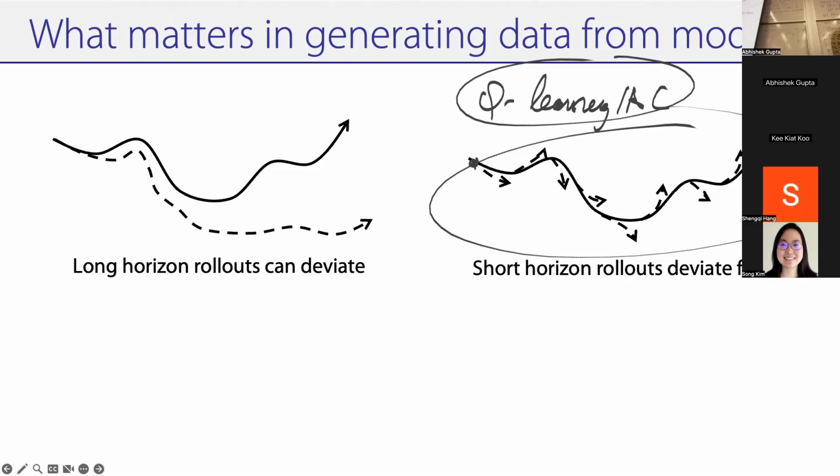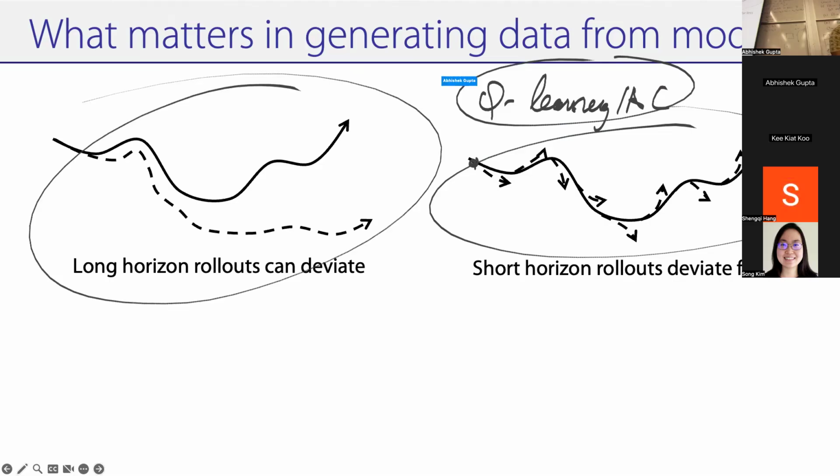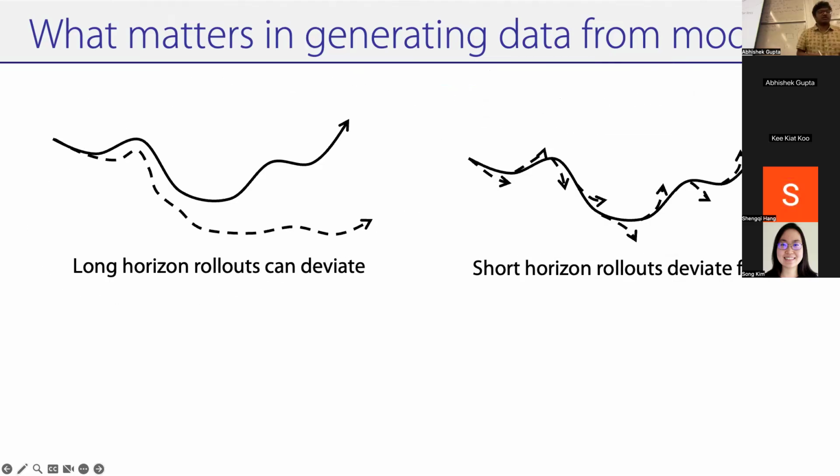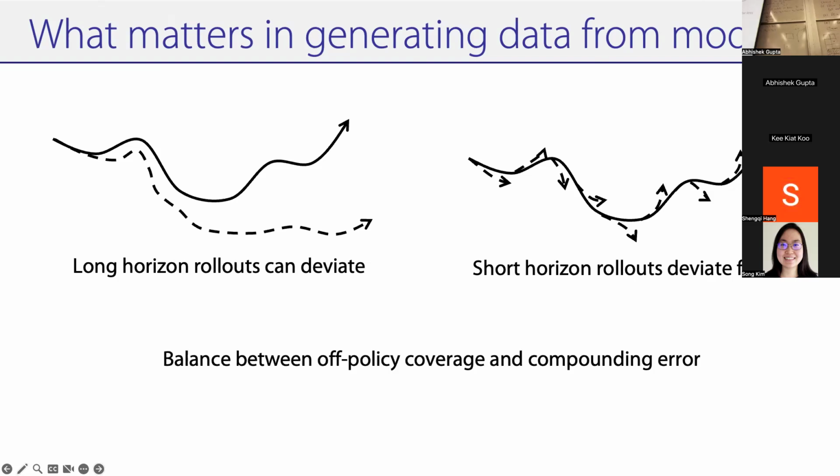But the point is that you want to start from real data and generate short rollouts, and those can be trusted, whereas long rollouts will have lots of compounding error. Most instantiations of methods like Dyna will start from real data, generate short rollouts, put that in the replay buffer, run off policy RL, run your policy in the world, collect more data and repeat. So the only thing you can really trust is real data and short steps from real data. And so there's an inherent trade-off between covering things and compounding error.